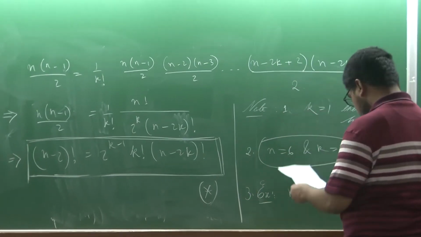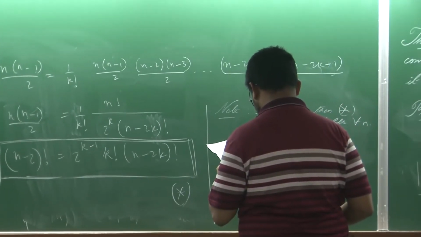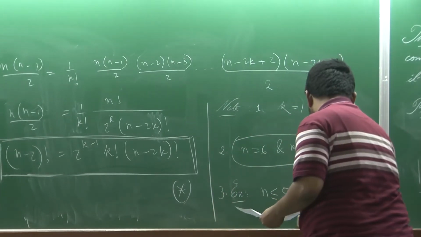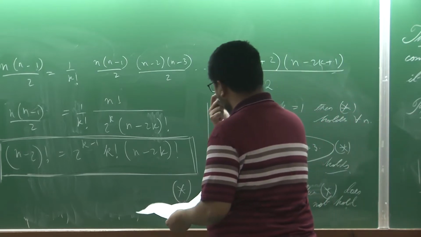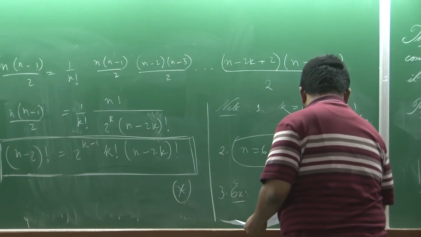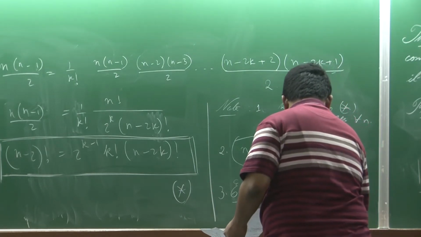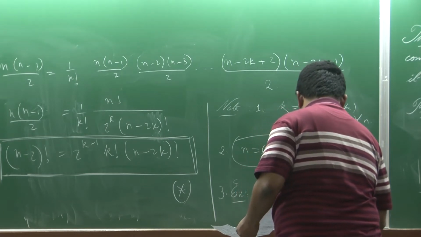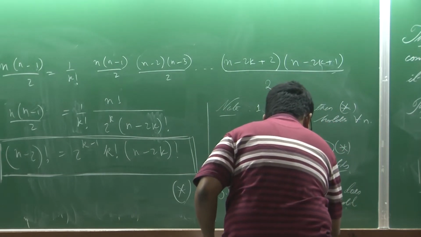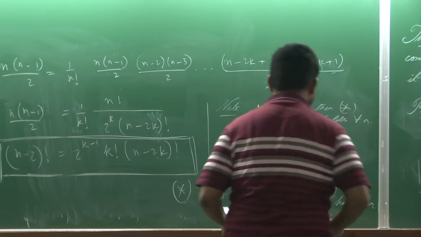So, k bigger than 1, I think here the only possibility to check will be k equal to 2, which would be enough. So, if n is less than or equal to 5, star does not hold when k is 2. Okay.